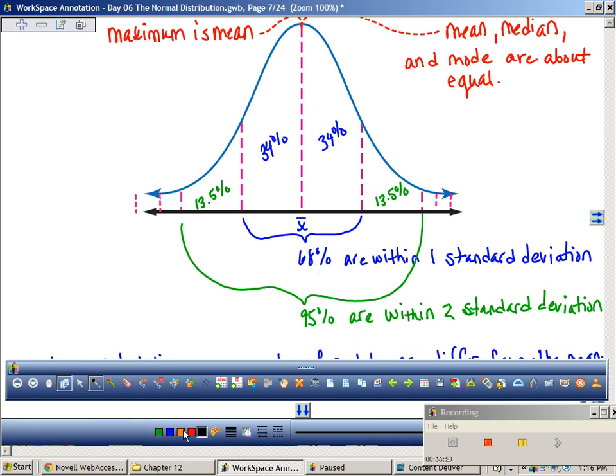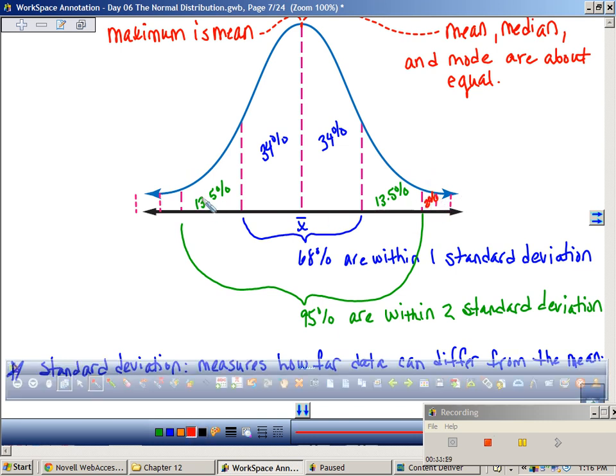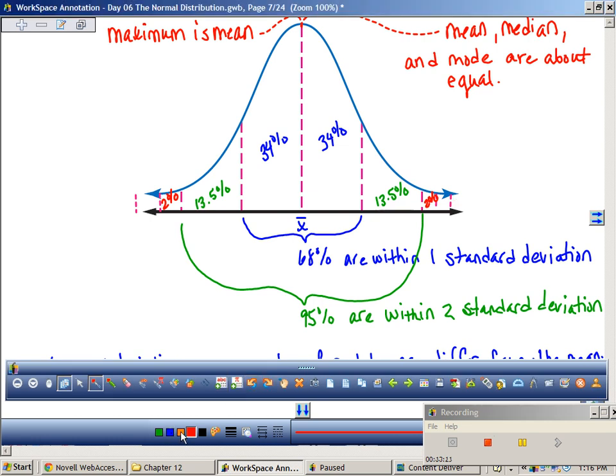What if I were to tell you that there was 2% of data in here and 2% here? That makes it 99. So how much do you think is in this small little area over here? 0.5 exactly, which would total 100%, right?